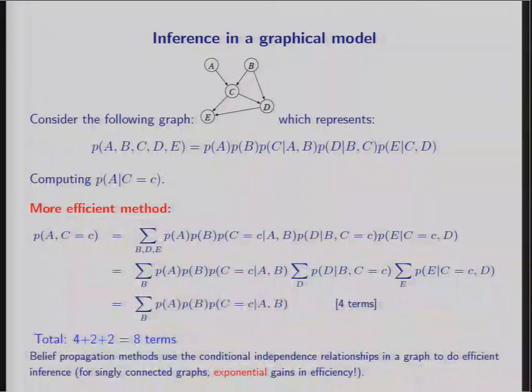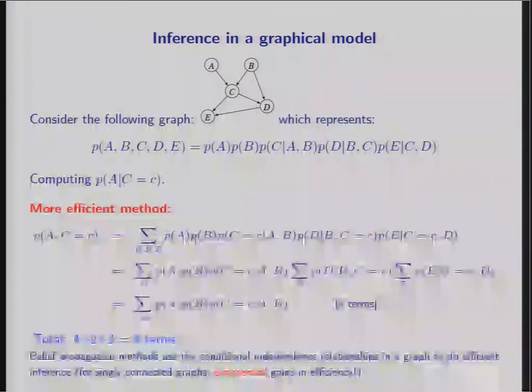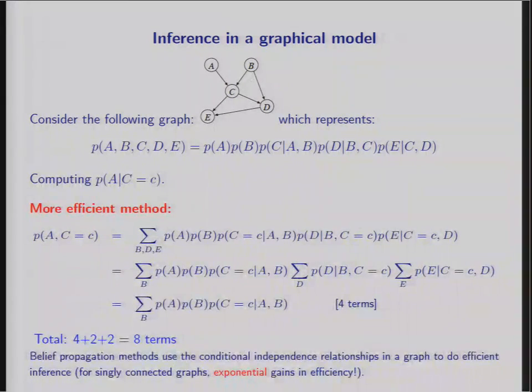I notice that E only appears here. So I can bring this sum over E all the way in here. And I can sum over E exactly because I know that the sum over E is 1 when I have the conditional distribution of E, over the two values of E. So this thing sums to 1.